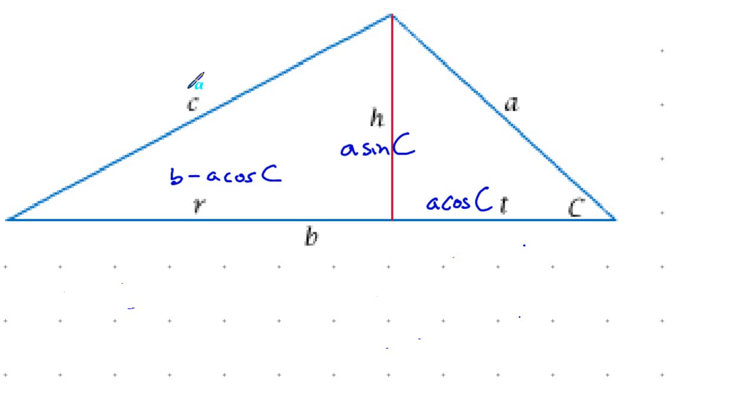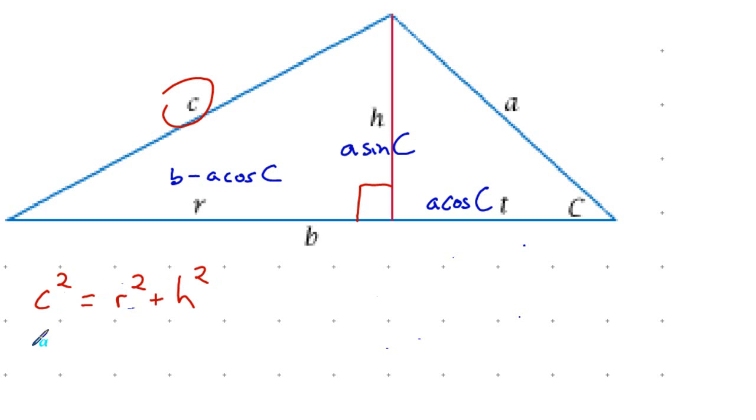Well, now I'm actually able to solve for the c value, knowing this value of r and this value of h. Why? Because I have a right triangle. We know when I have a right triangle that this side length squared plus this side length squared is equivalent to the hypotenuse squared. So my c value squared is equivalent to r squared plus h squared.